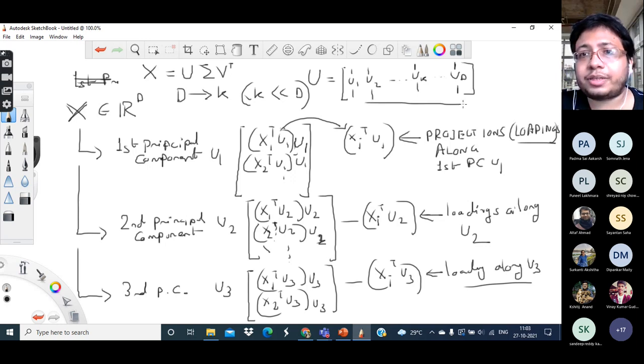So basically, in case of principal component analysis, what do we actually have to do?